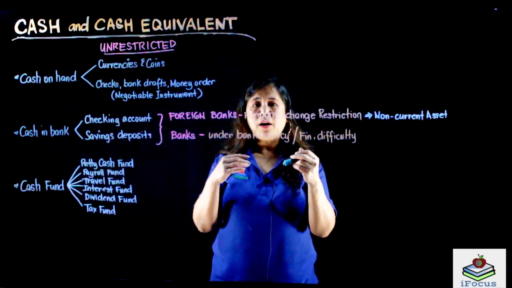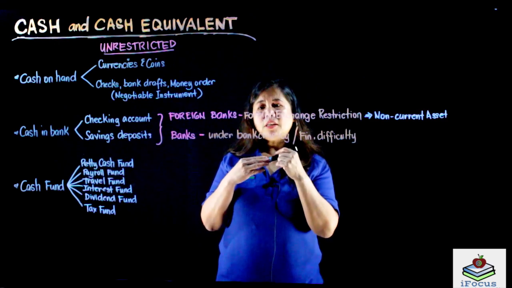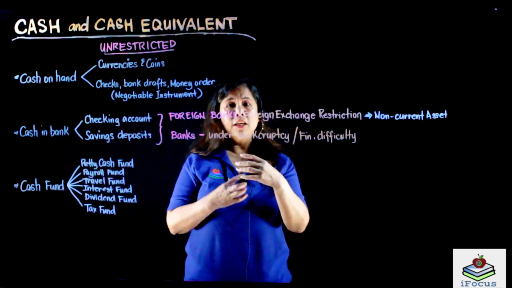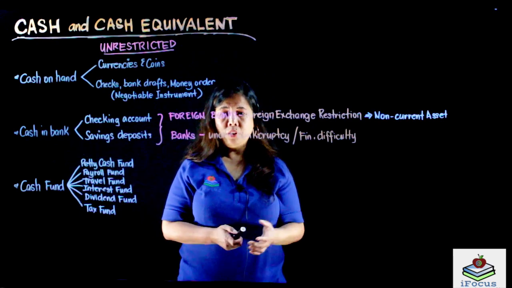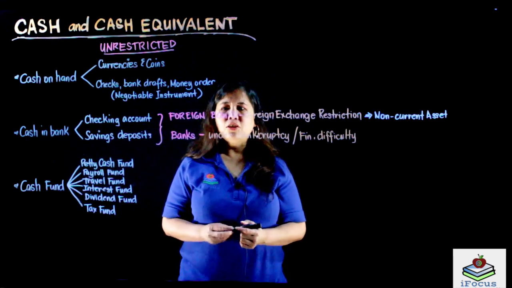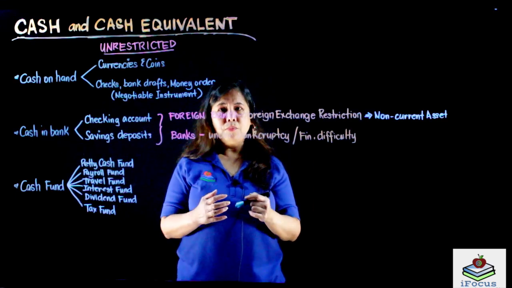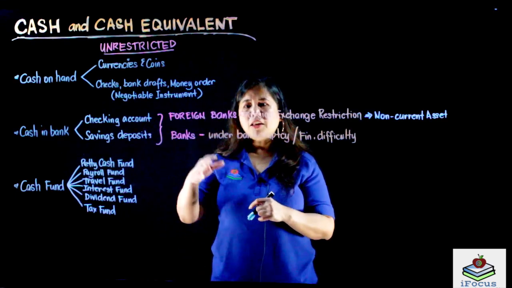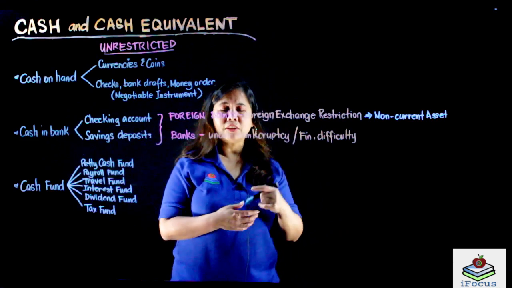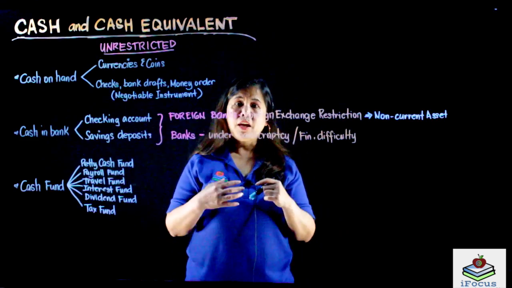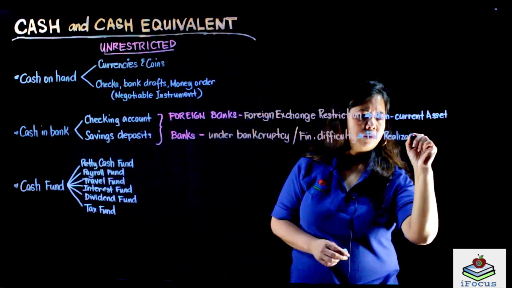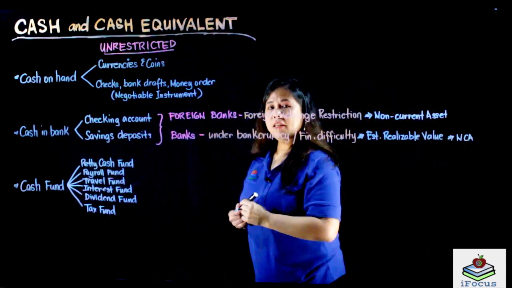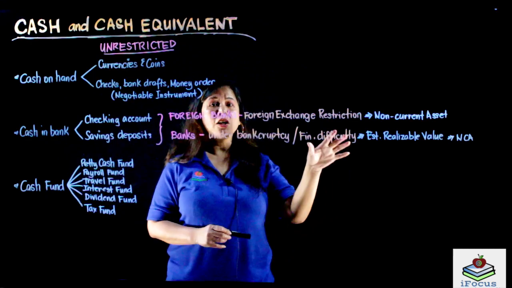Restricted itong account mo sa bangko kung saan nagkakaroon ng bankruptcy or financial difficulty. So, anong gagawin natin? We will present this cash in bank na under bankruptcy or financial difficulty at estimated realizable value. And this is presented as a non-current asset.